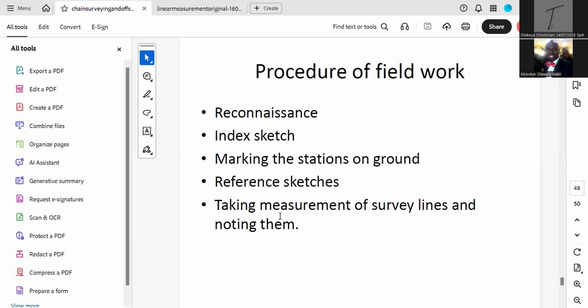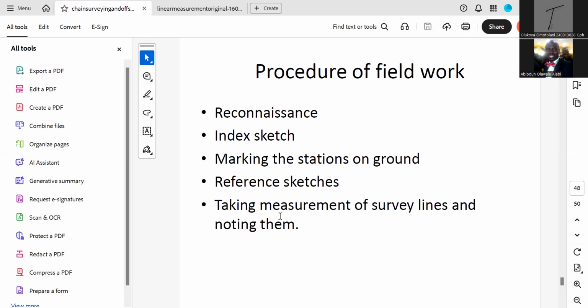Environmental hazards, the best approach in carrying out whatever survey you determine to carry out in that environment. So reconnaissance is the preliminary survey, preparation for the main survey work.